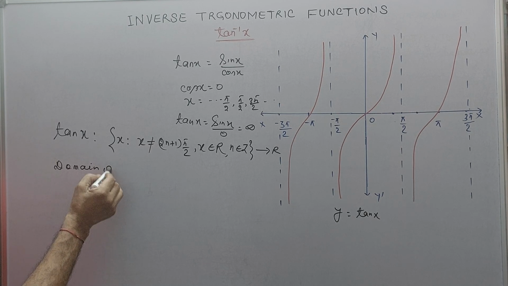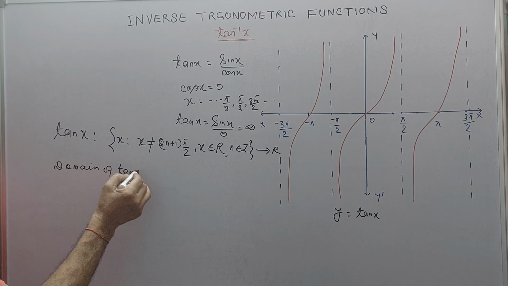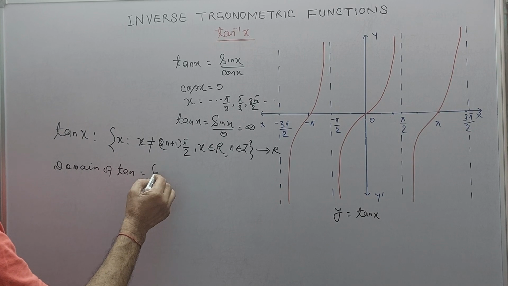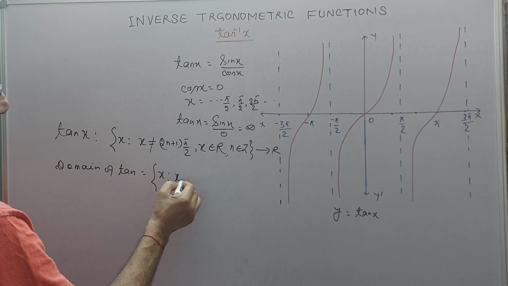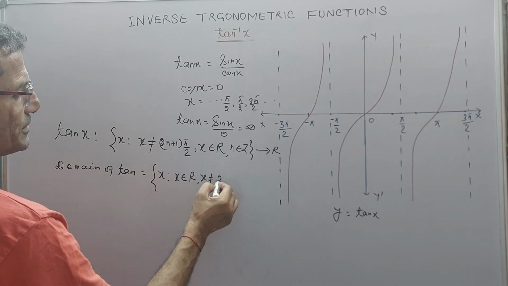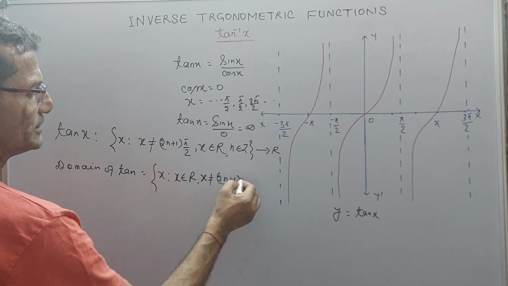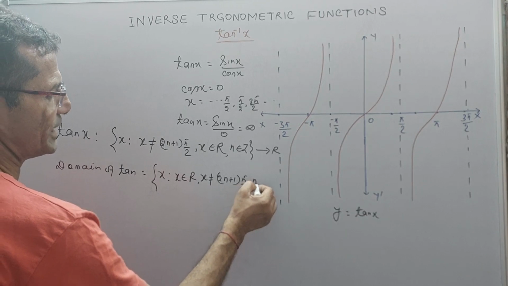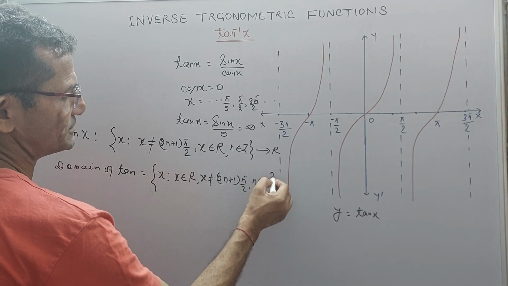Domain of tan is defined as x belongs to the set of real numbers, and x cannot be (2n plus 1) pi by 2, where n belongs to the set of integers.